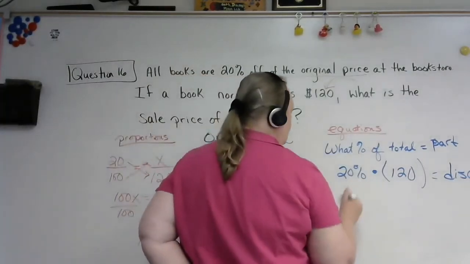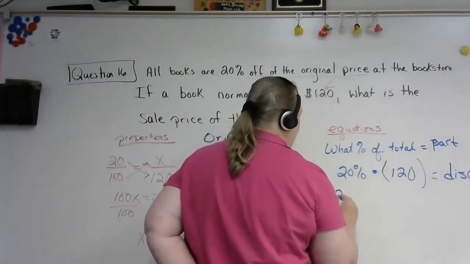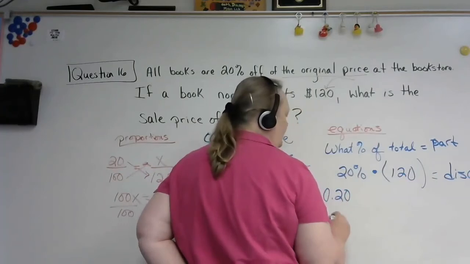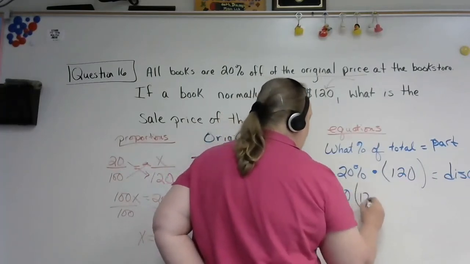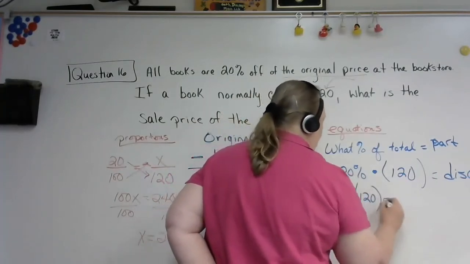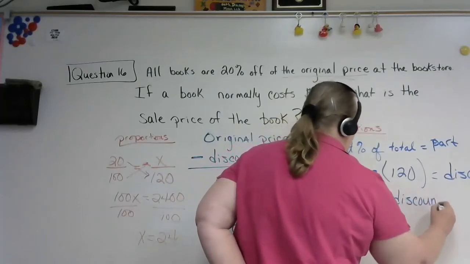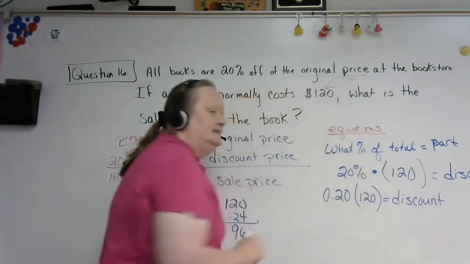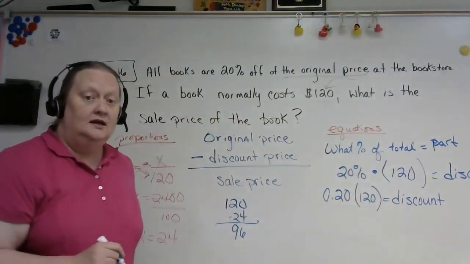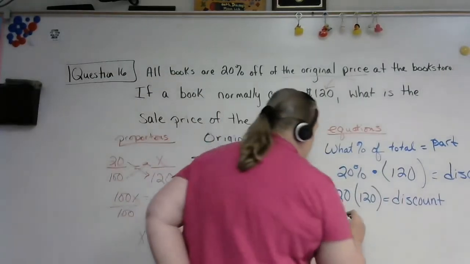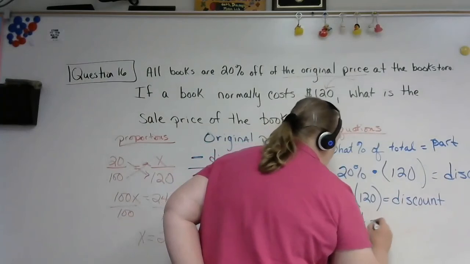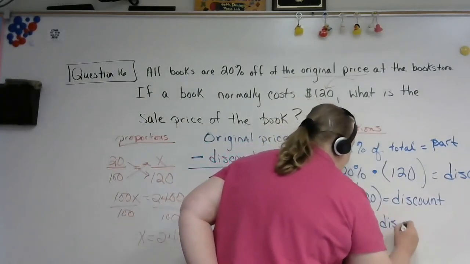So what is 20%? Well, 20% needs to be written as a decimal. So that'd be 0.20 times 120 equals the word discount. If I multiply 0.2 times 120, guess what you get? You get 24, and that equals the discount.